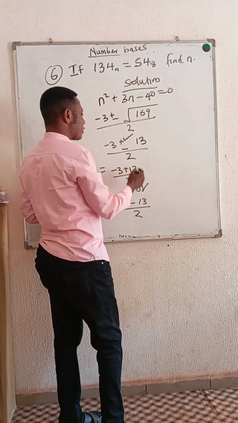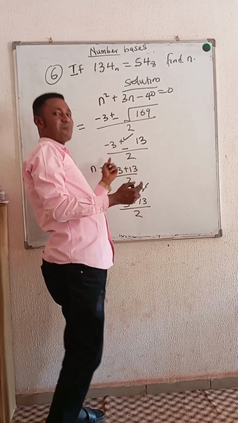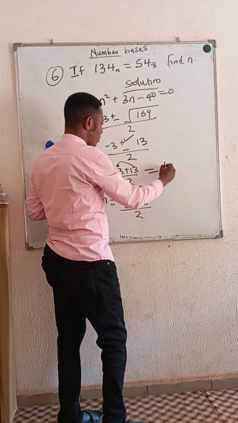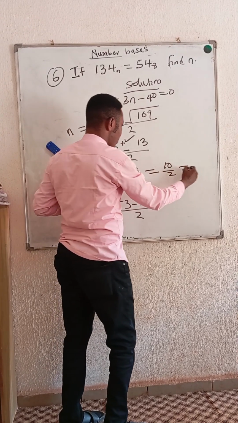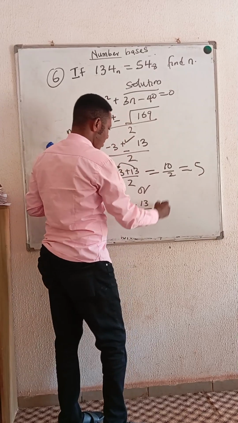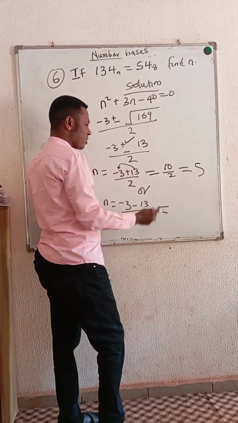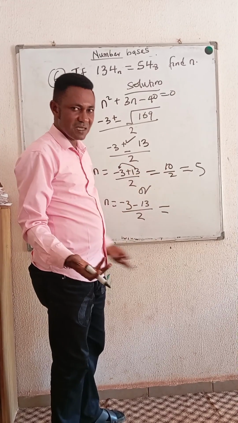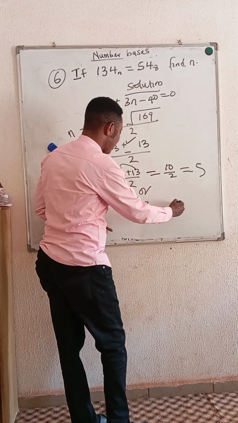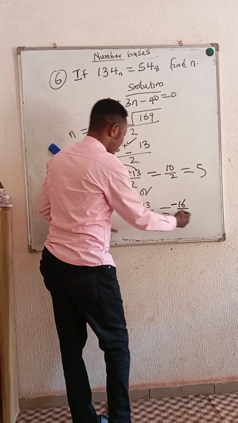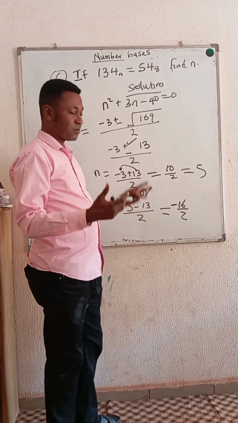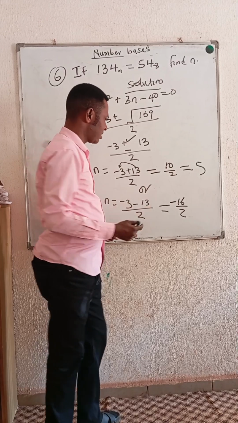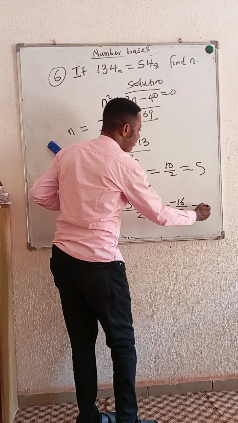So minus 3 plus 13 means 13 minus 3, which is 10 all over 2, and the result is 5. And this one, minus 3 minus 13, is the same as adding the two together and then negating the result: 3 plus 13 is 16, then you put minus, so minus 16 over 2, you have minus 8.